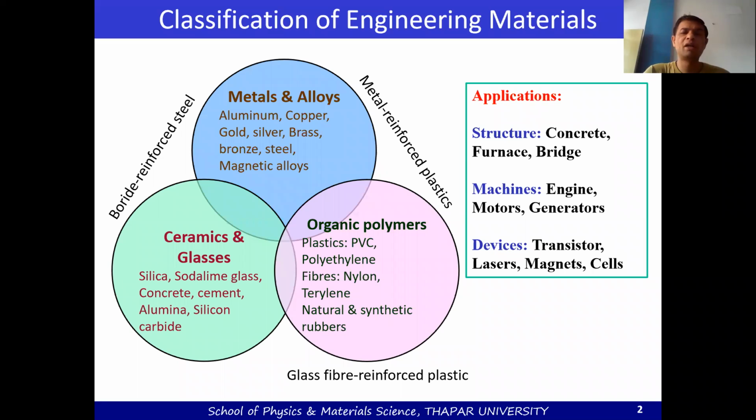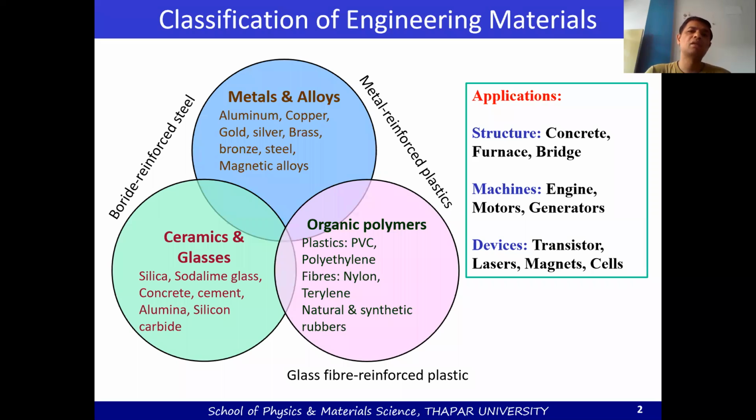A couple of important example materials I have mentioned here. For example, if you create a hybrid of the metal and ceramic classes, you can have a material called boride reinforced steel. You might have heard this term.